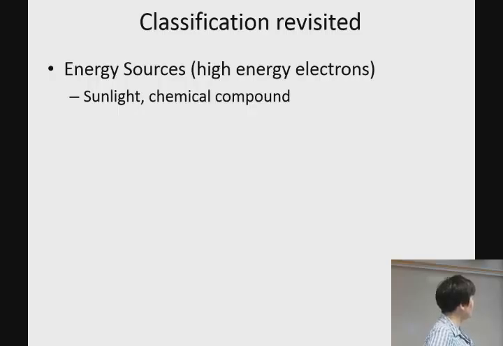Different organisms can also be classified based on where they get their energy. And this is tricky to understand because for humans, the source of carbon and the source of energy are the same thing. But that's not always the case. So what do I mean by that? What do I mean when I say that in humans and other heterotrophs, the source of energy and the source of carbon is the same?